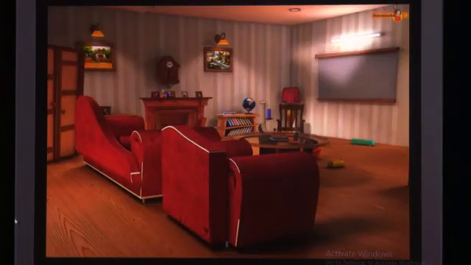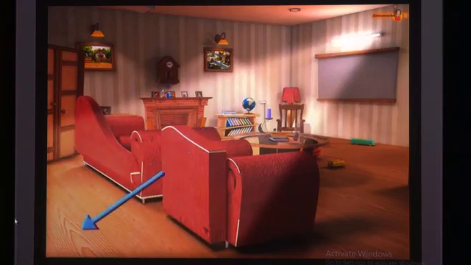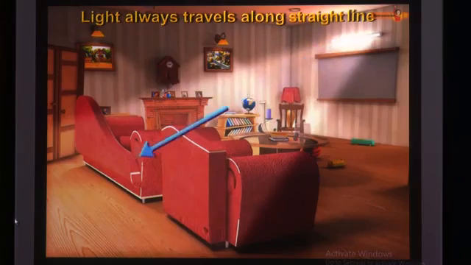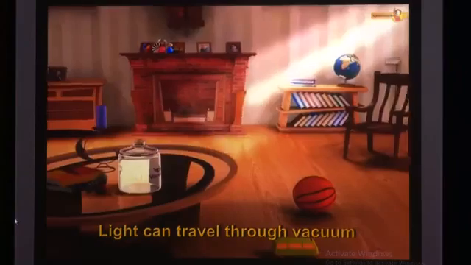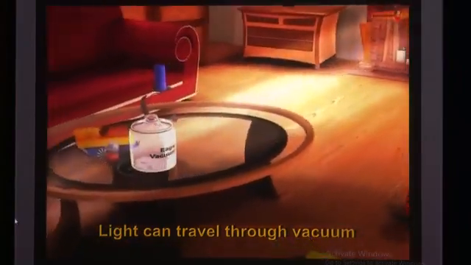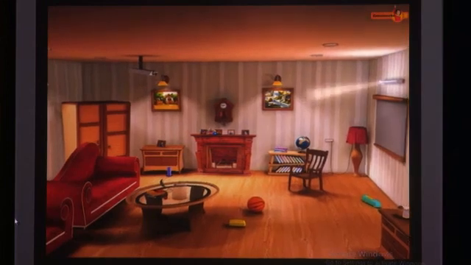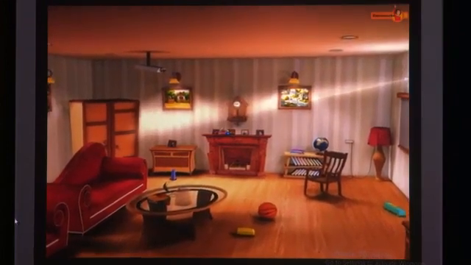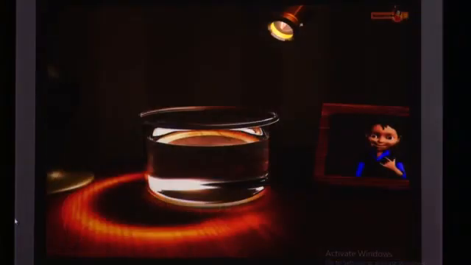The light emitted from any light source can never travel in a curved manner around the object. Light travels along straight lines in a medium or in vacuum. The path of light changes only when there is an object in its path or where the medium changes.